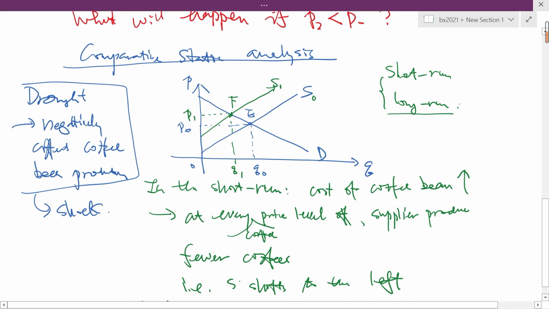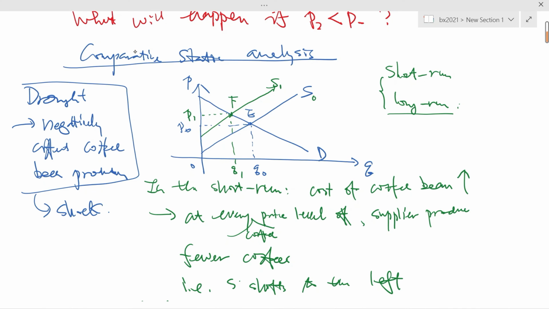Everything else being equal, in the short run we see that the supply curve shifts to the left due to the increase in the cost of coffee beans. In the long run, because the drought is over, everything goes back to normal. So farmers increase the production of coffee beans, and the cost of coffee beans drops back to its original level. So the supply of coffee shifts back from S1 to S0.